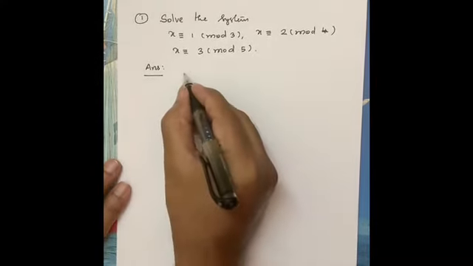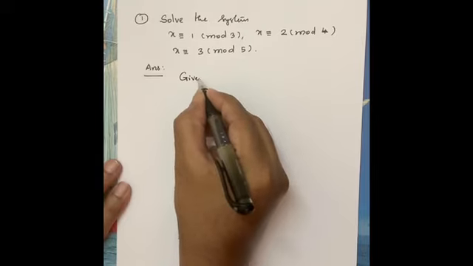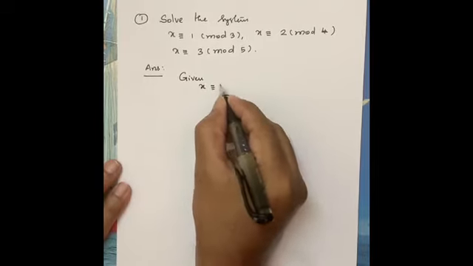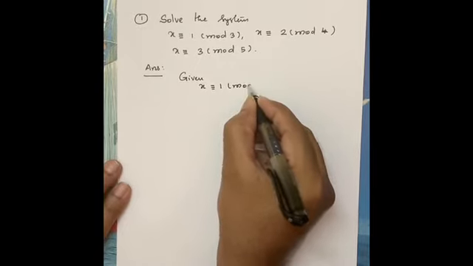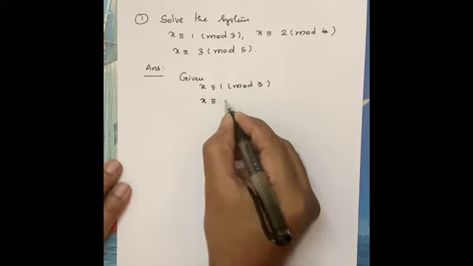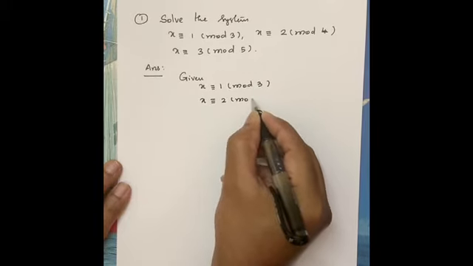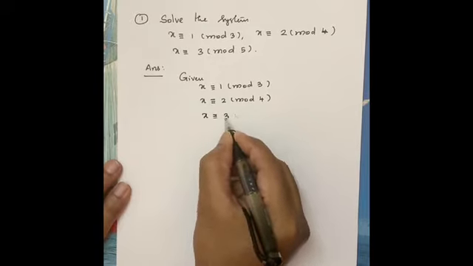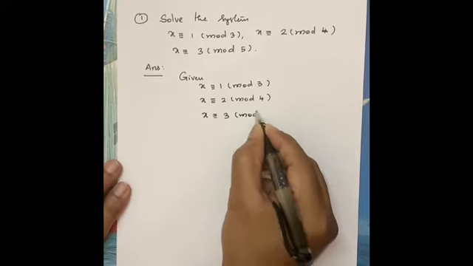So what are the given congruences? We can take x congruent to 1 modulo 3. Next, x congruent to 2 modulo 4. x congruent to 3 modulo 5.